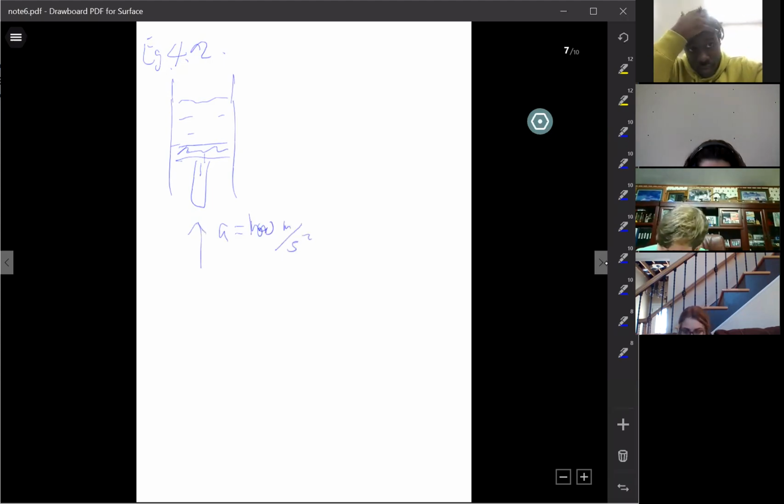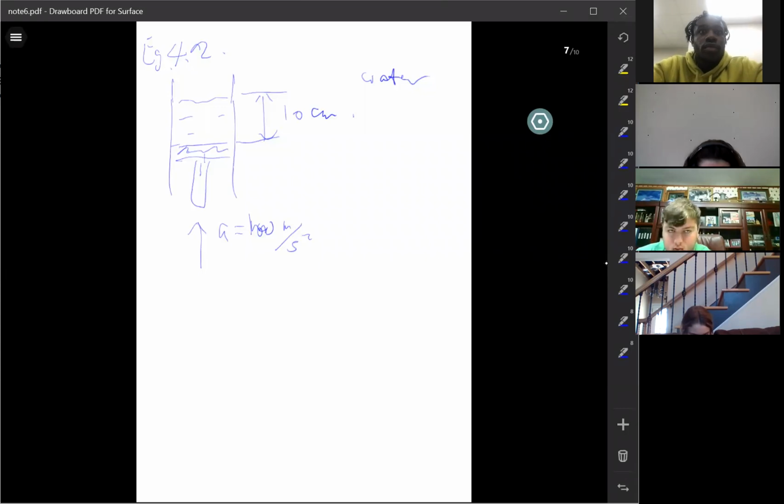It moves up. This fluid column is 10 centimeter of water. Very practical problem. You design a piston in a car engine, you know, it pushes very fast. So the question is, what is the force or pressure I feel on the piston surface?